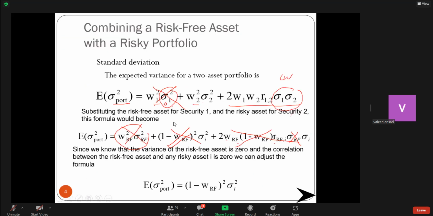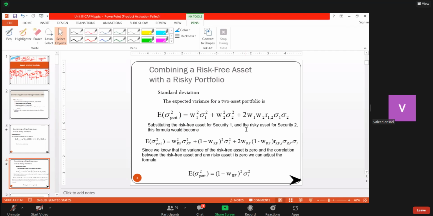Let us go back once again and explain. Please keep your attention focused here, because what I was explaining is that if the risk-free asset has no risk, then certain terms of the portfolio formula will drop out.